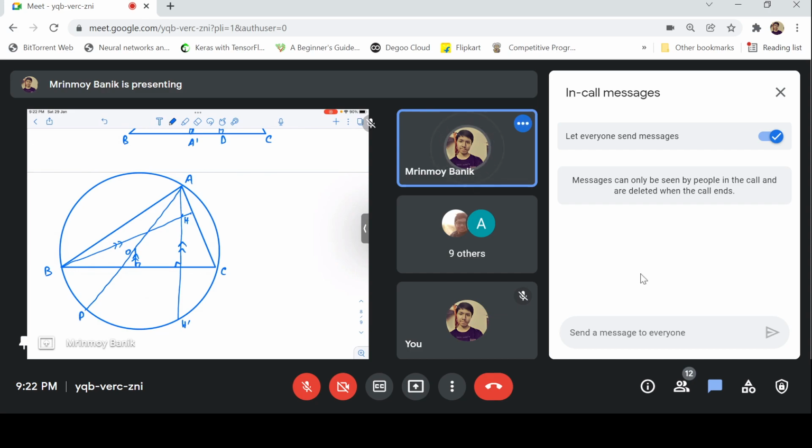So call this point P. This is just a diameter. So what do the two arrows imply?